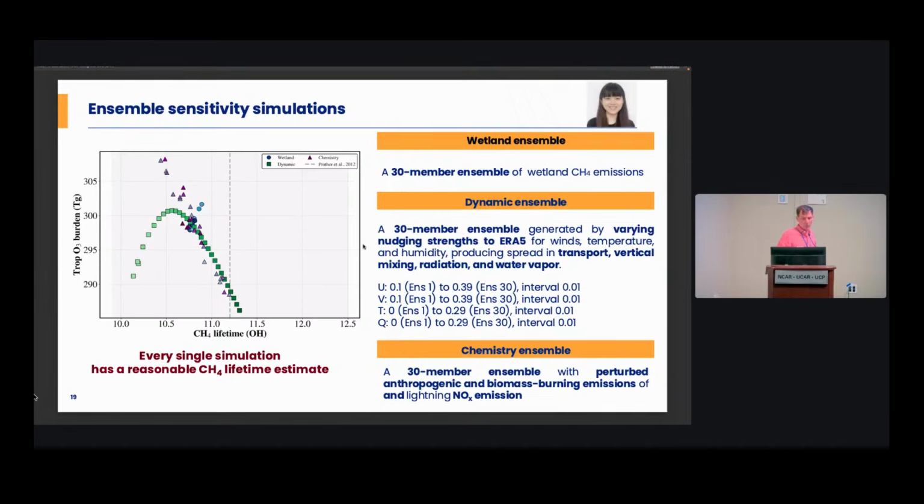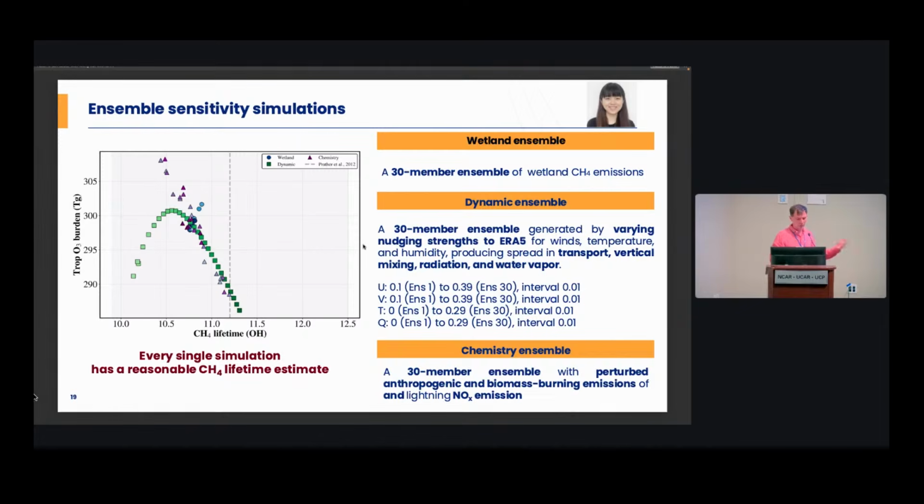So to look further into the impact of dynamics, we did an ensemble of 30 different nudging. And so that allows us to look into the tropospheric ozone versus methane lifetime paradigm.